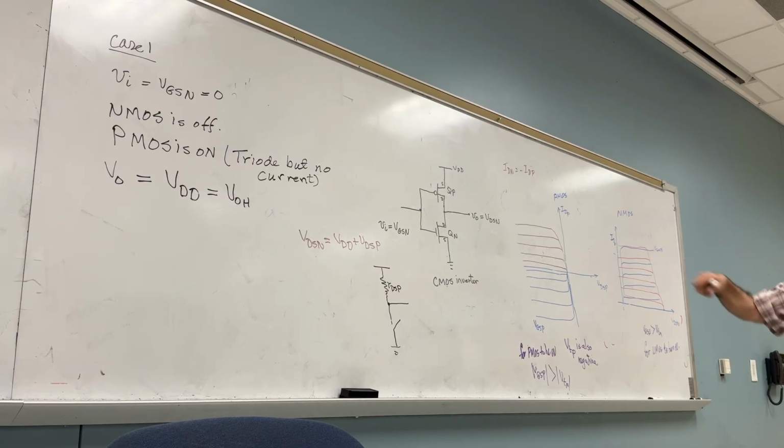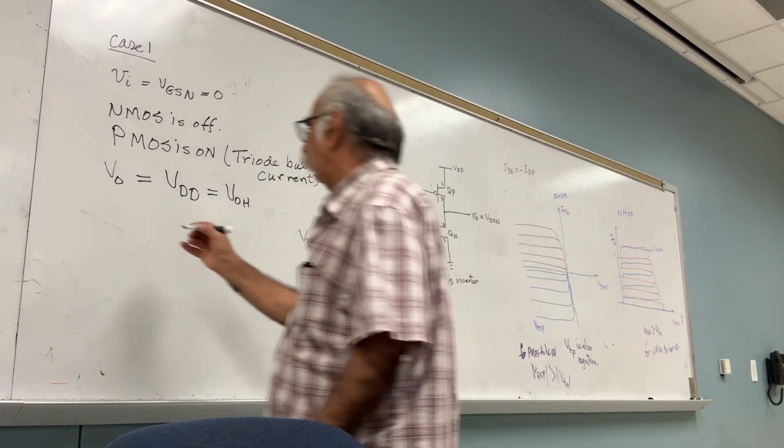Okay. Can you tell me how do I get RDSP? How do I get the resistor? What did we say? The PMOS is in which mode? Triode mode. What is the equation for the triode mode?